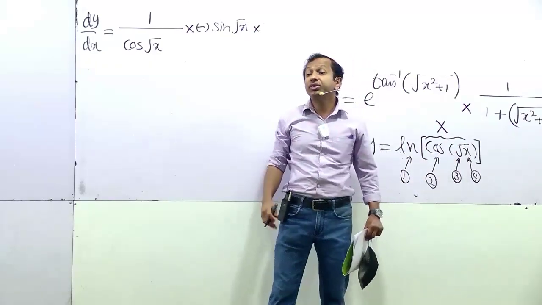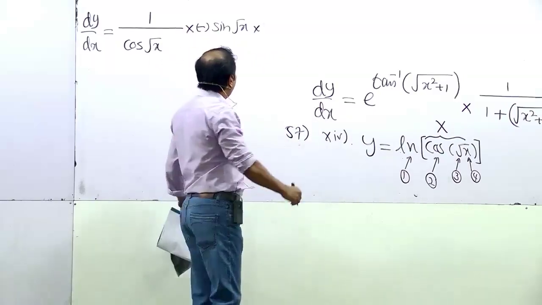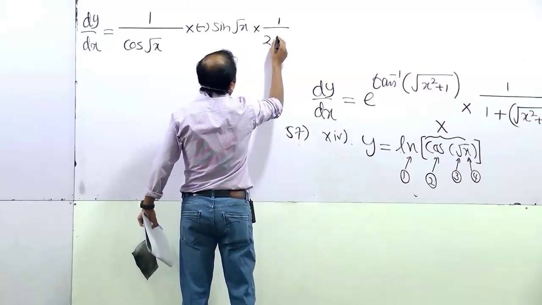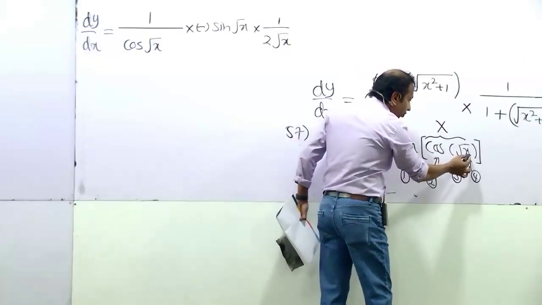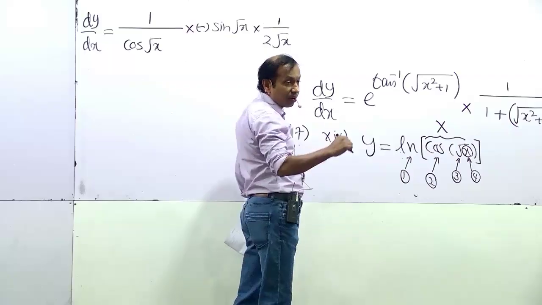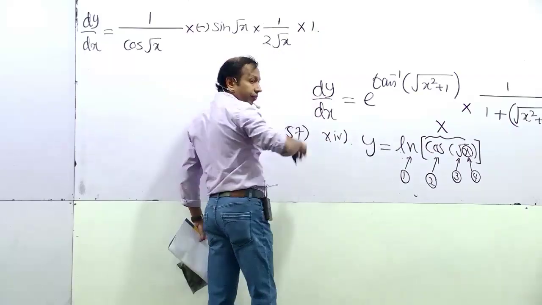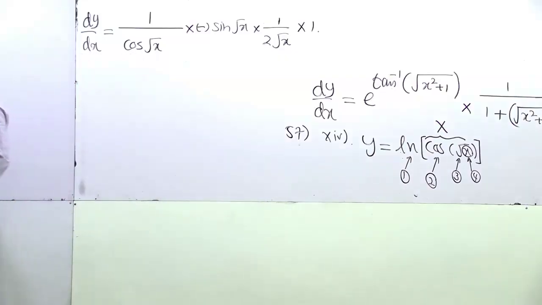What is the derivative of root? 1 over 2 times the same, 1 over 2 root x. Finally, the derivative of x. What is the derivative of x? 1. Okay, this is how we take the terms.